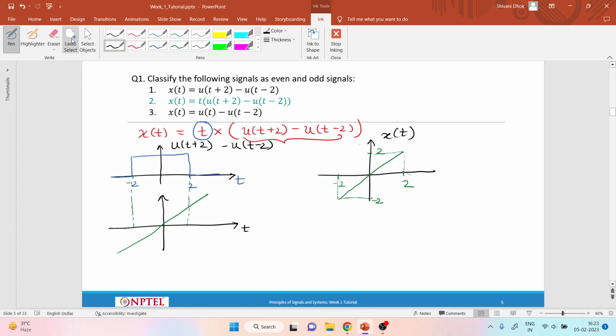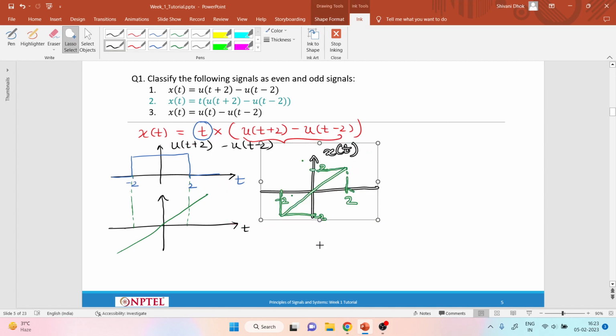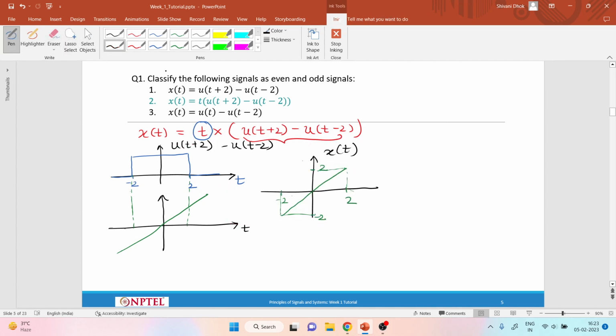Now let us try to draw x of minus t. So x of minus t is obtained by taking a mirror image about this vertical axis.